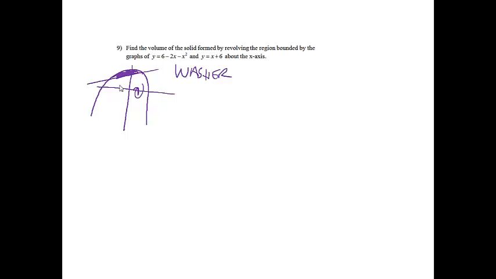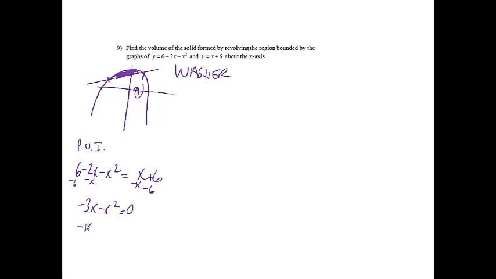Okay, this is a non-calculator section, so to get these points of intersection, I'm actually going to have to find the point of intersection without my calculator, so I'd like to show my work. I will find out where 6 minus 2x minus x squared equals x plus 6. So if I move everything over to the left side, I'll subtract x from both sides, and I'll subtract 6 from both sides. I will end up getting negative 3x minus x squared is equal to 0.